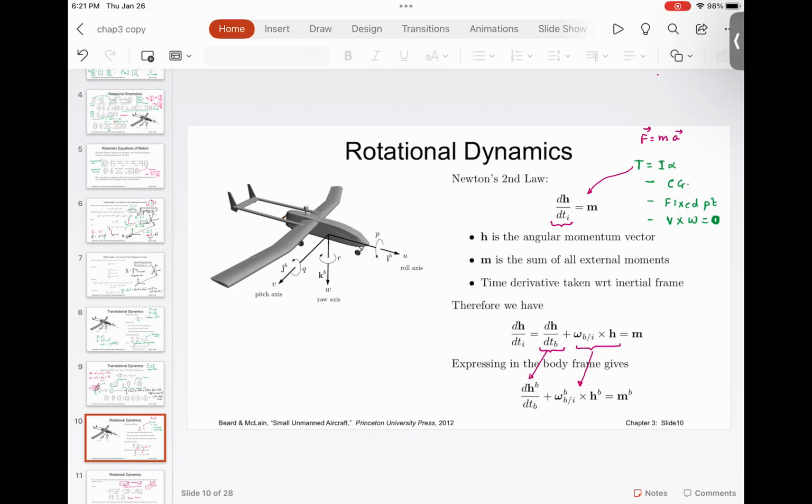This is not right. This equation is not correct. And you will have to add one more term, which is actually considered as MAD. MA is mass times acceleration multiplied by the distance.